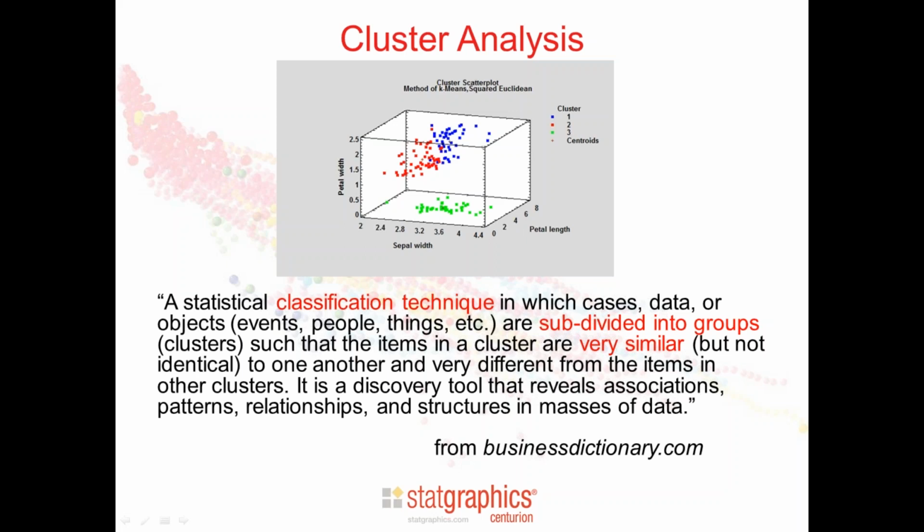You can see the results of a cluster analysis in this graph here, where this is a famous data set having to do with irises, and based upon the petal width, the sepal width, the petal length, the procedure has taken something like 60, maybe 80 irises and divided them up into 3 groups.